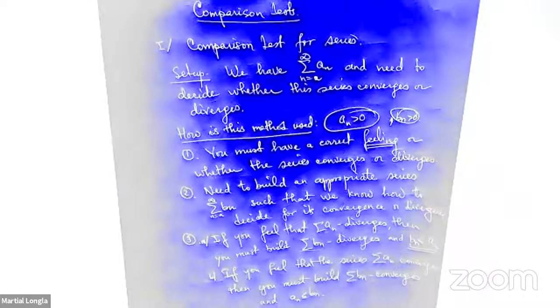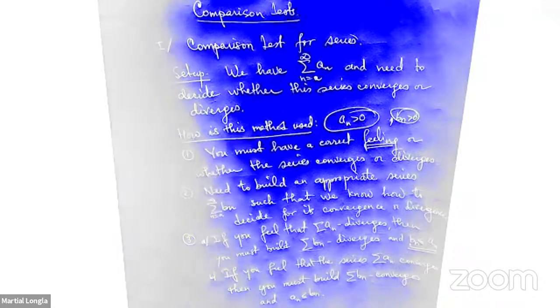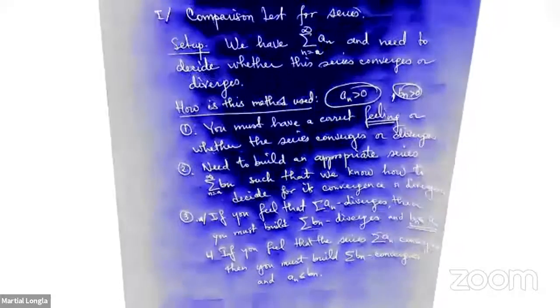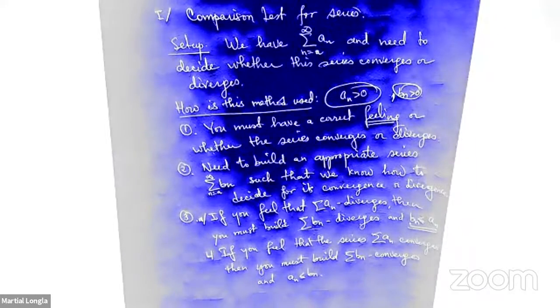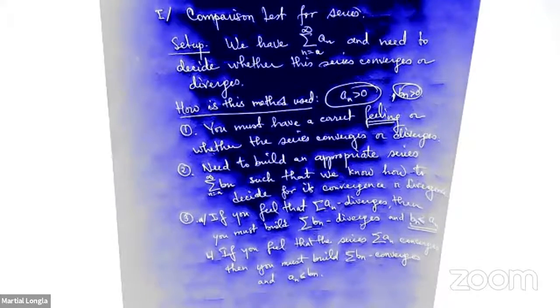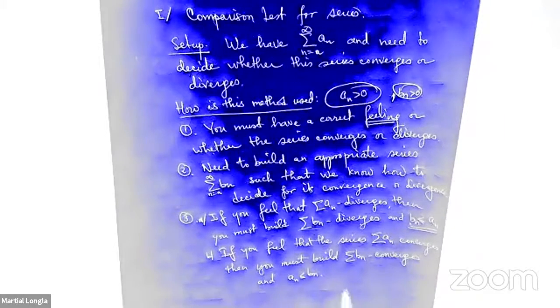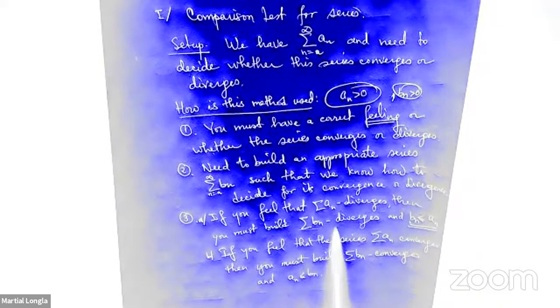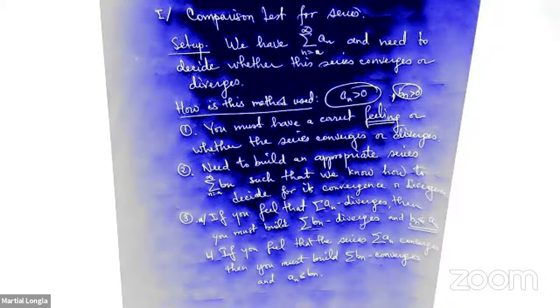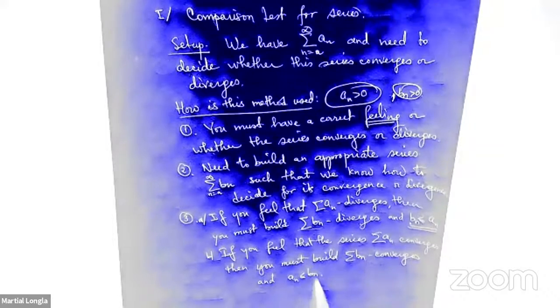So these are the rules for the comparison test, okay? First, you need to have a feeling of what's going on with the series, whether it's convergent or divergent. If you decide that it's divergent, that must be based on your knowledge of another series b_n that diverges and is smaller than a_n. If you have the feeling that the series converges, then you must be able to build another series whose sequence is above a_n.